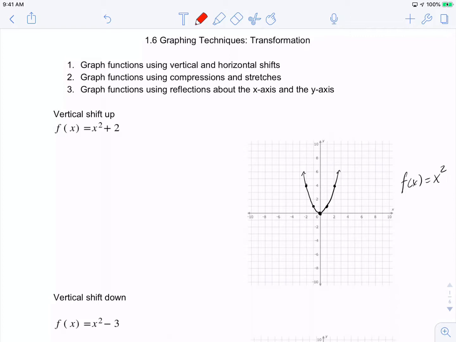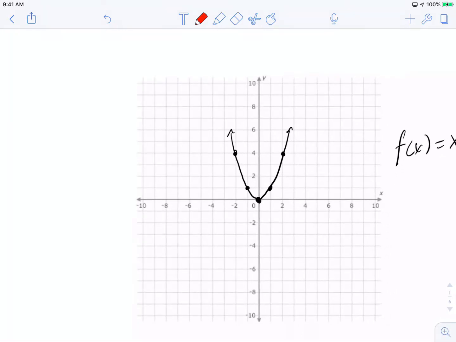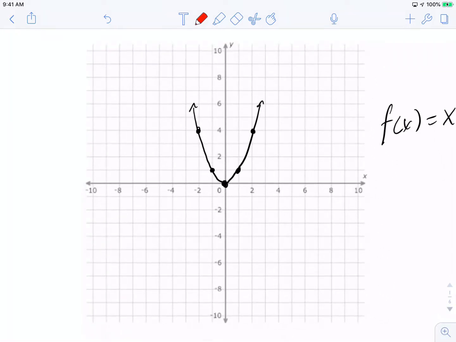Okay, so in our first example, I already have the graph here of the parent function x squared, and we see that we're going to shift up 2. So once we're able to graph, the thing that we can do is take every point that we already have graphed and just move it up 2 spots.